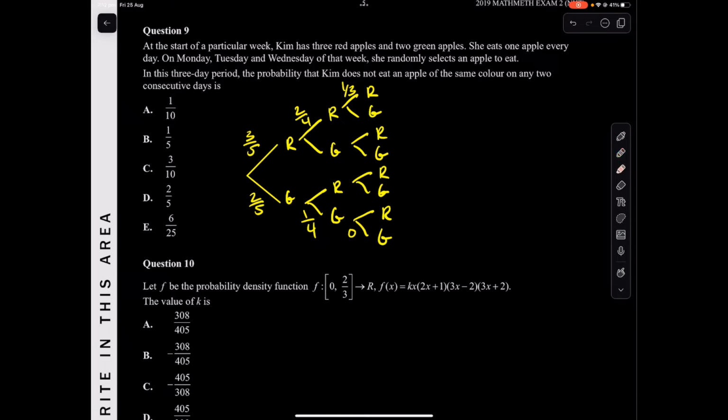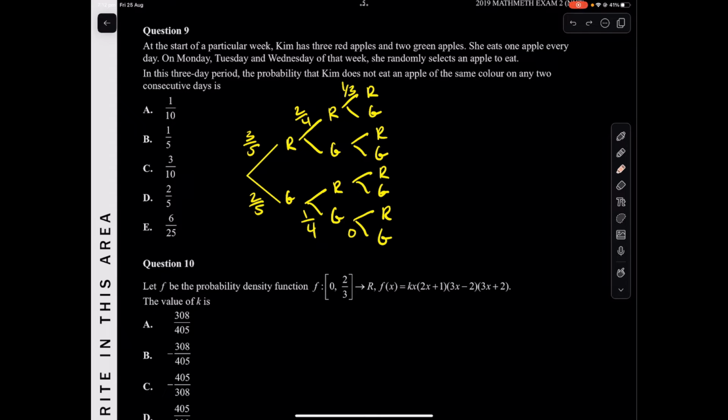And what we want here is the probability that Kim does not eat an apple of the same color on any 2 consecutive days. So here, there's 3 consecutive days she eats a red apple. That's wrong. We want when there is not. What about this one over here? Well, again, there is still 2 consecutive days in RRG.